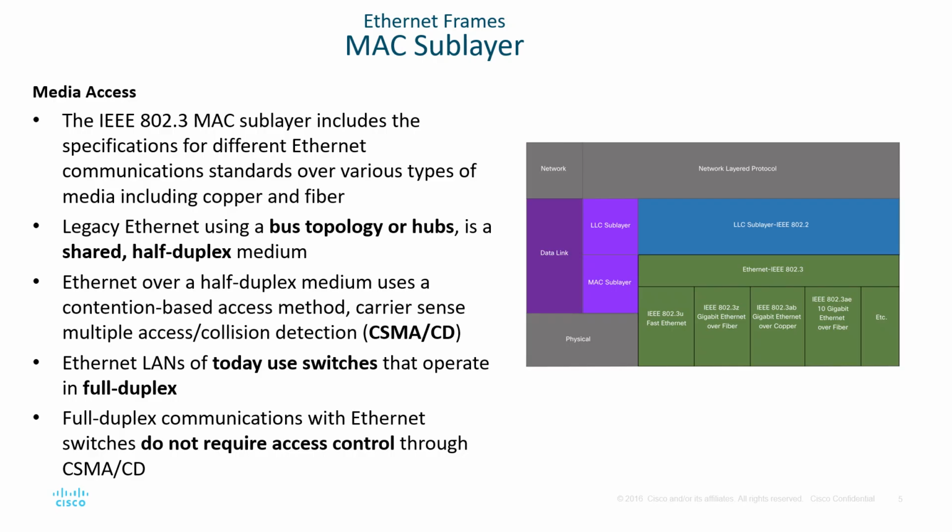Within your bus topology, it is a shared medium, meaning every single device is contending for that connection to the Ethernet. It is shared half duplex. So Ethernet over half duplex medium uses a contention-based access method, defined as carrier sense multiple access collision detection.